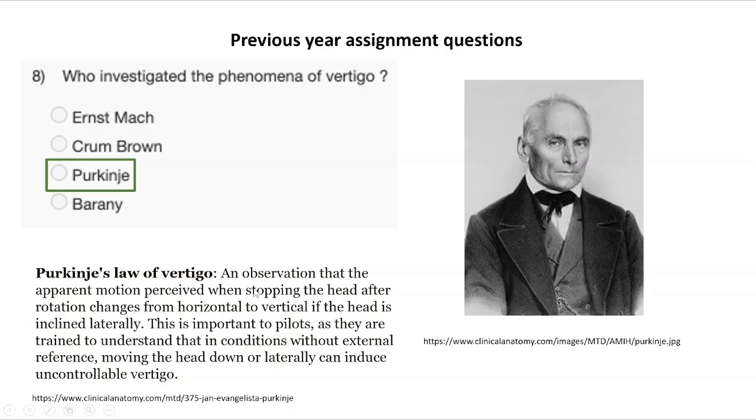If the head was inclined laterally, the motion perceived changes from horizontal to vertical.